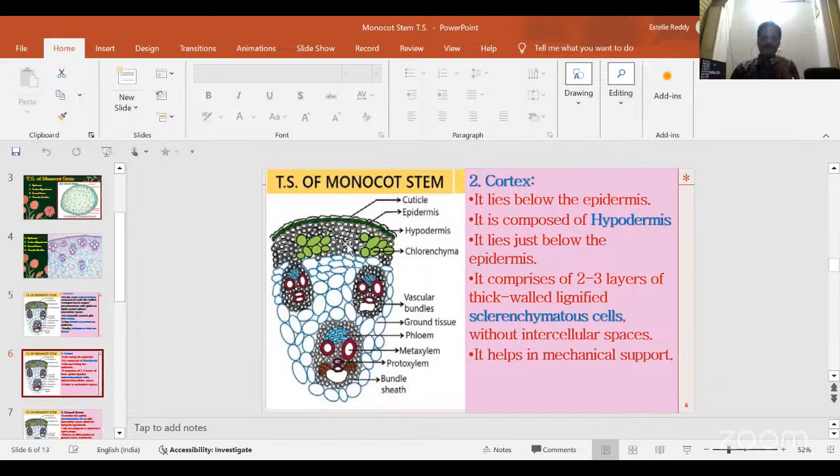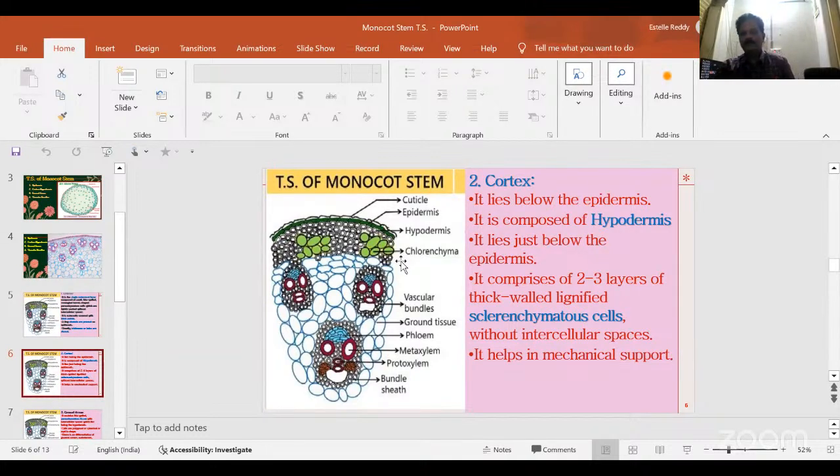In monocot stem, the cortex is reduced to hypodermis only. General cortex or middle cortex and endodermis are absent. It is limited to hypodermis.